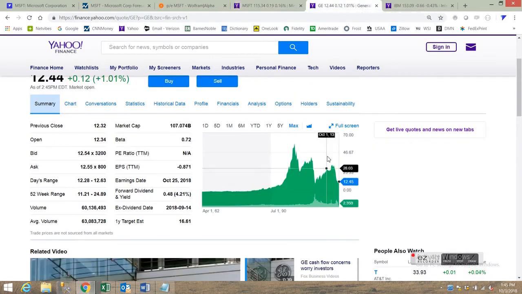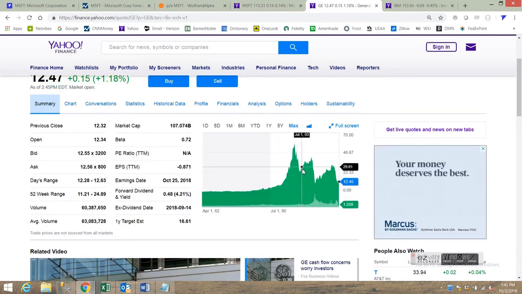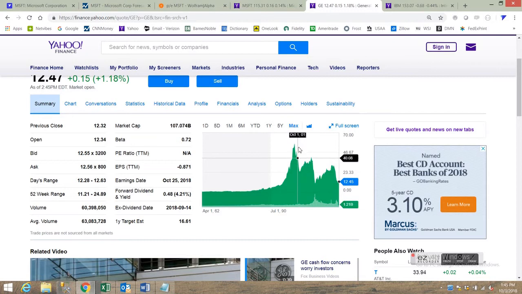General Electric has been around even longer than Microsoft, and you can see that its price has spiked up several times. Just yesterday they replaced their CEO, so they're going through quite a struggle right now. When a company historically reaches a peak, there's no place to go but down. It doesn't just keep going forever.